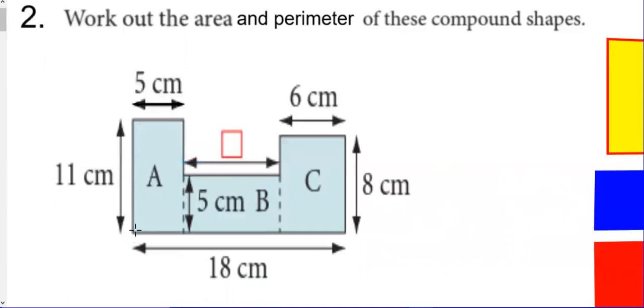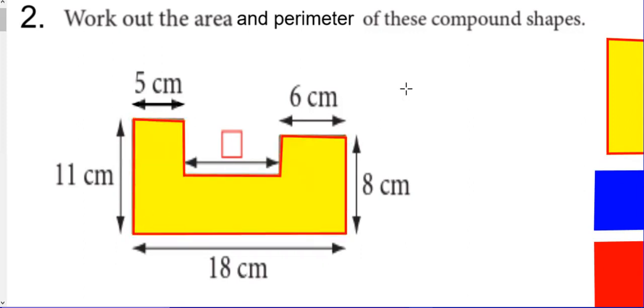The shape which we are supposed to find its area, at the same time its perimeter, is this shape here. This is the shape I'm talking about.